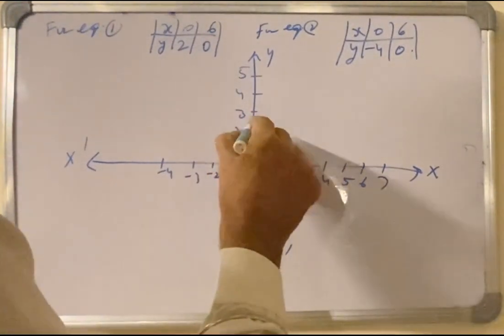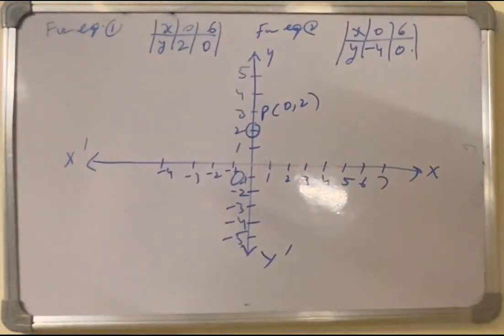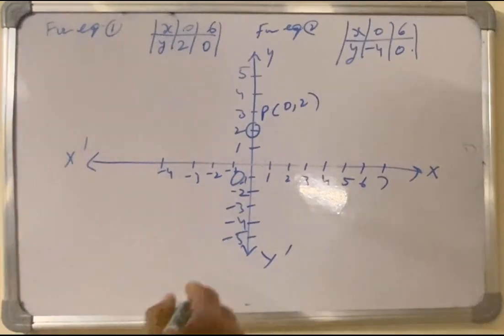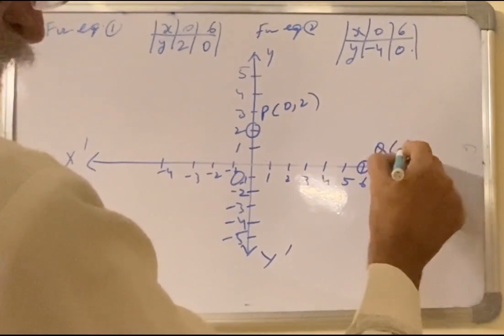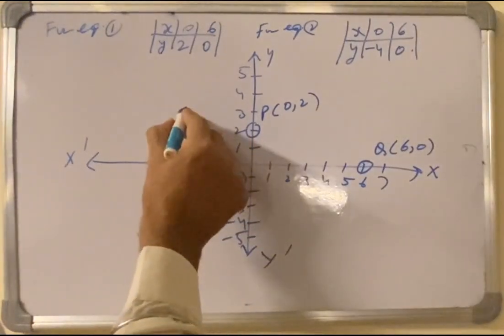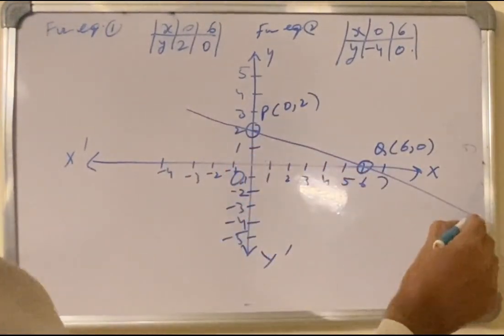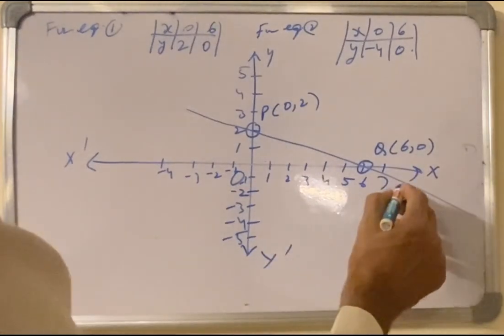Now, first of all, we draw the points of first equation, x 0, y 2. It's point P (0, 2). Second is x 6, y 0. This is point Q (6, 0). We join these lines. So this is the first equation, x plus 3y is equal to 6.